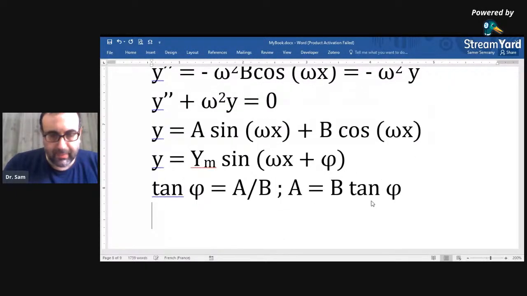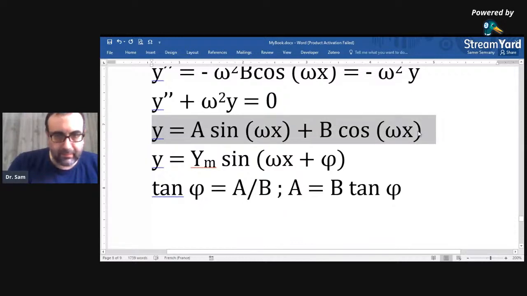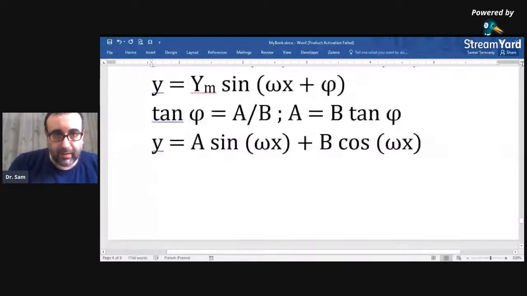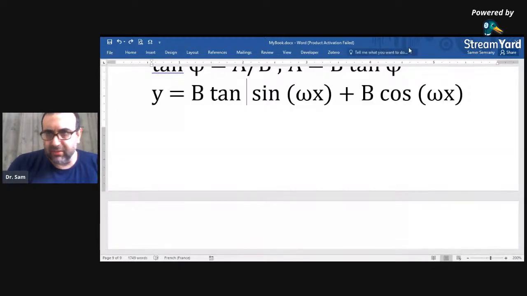And so I replace this A by its value here. I write here B tangent phi.